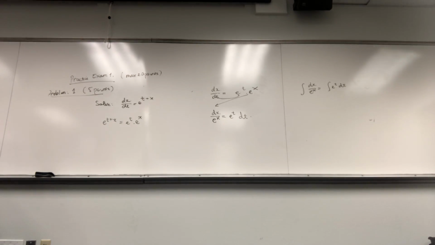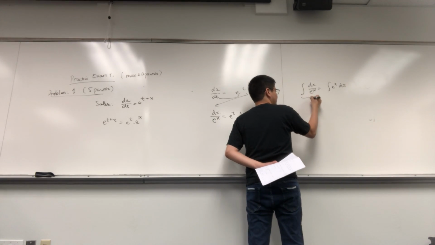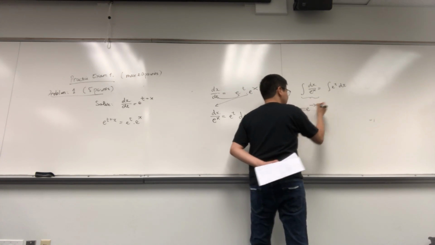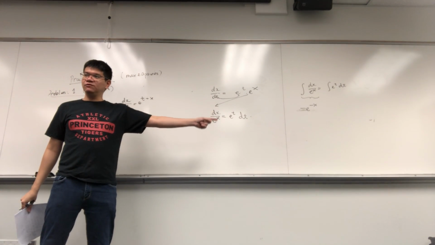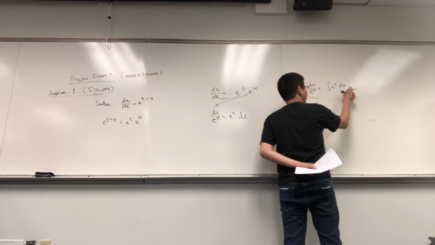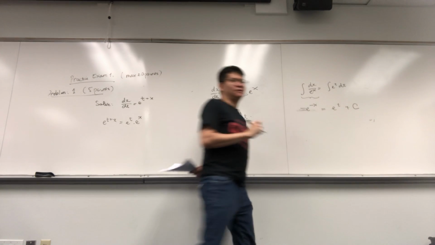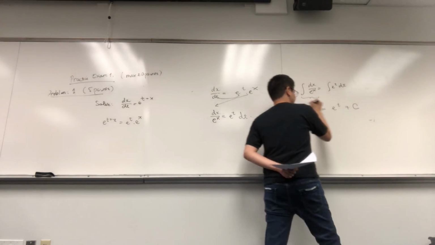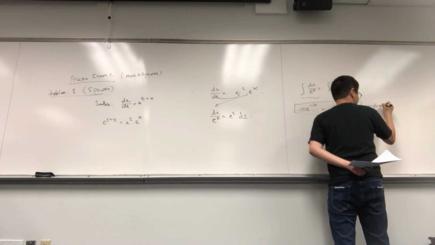Negative. So the antiderivative of 1 over e to the x will be minus e to the minus x. And the antiderivative of this guy will be e to the t. And then you have plus c. All right, so this is the implicit solution.